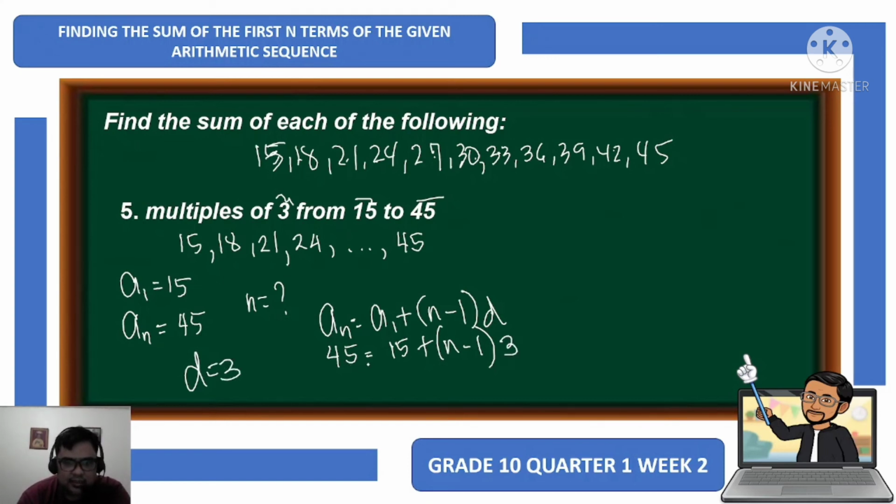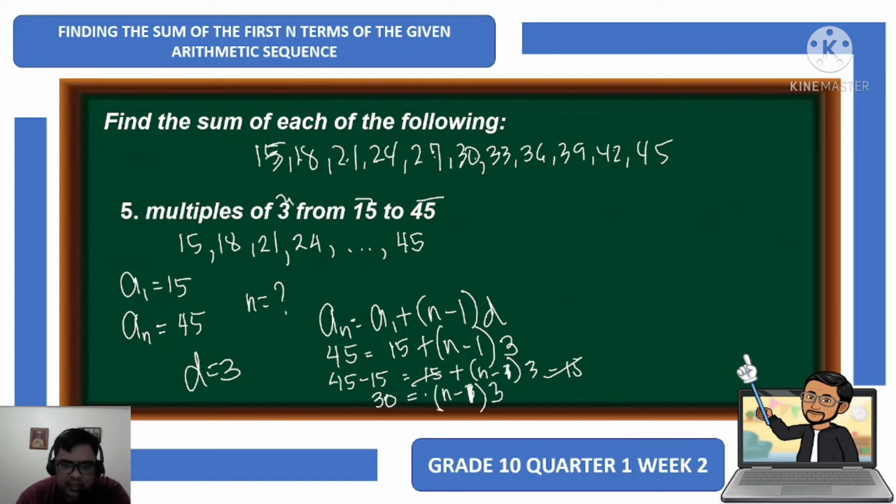Okay, then, anong gagawin? Pwedeng itong 15, mag-minus tayong 15 in both sides. Okay, para ma-cancel tong 15. Then, 45 minus 15 is 30. That would be equal to n minus 1, sorry, multiplied by 3.